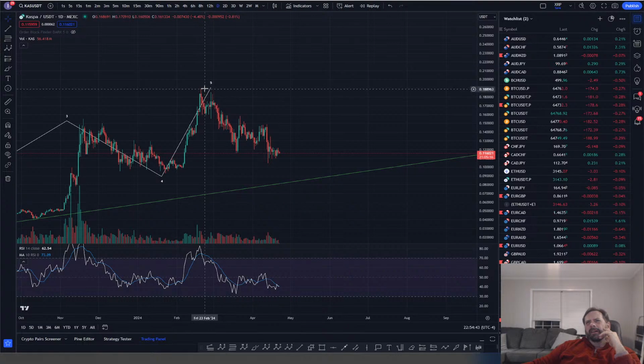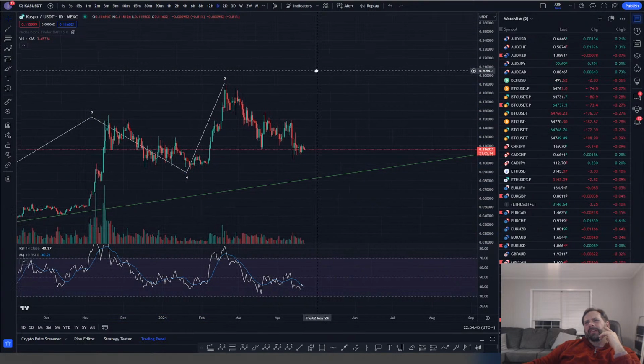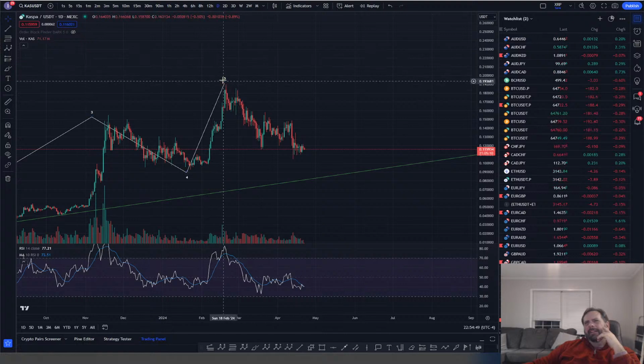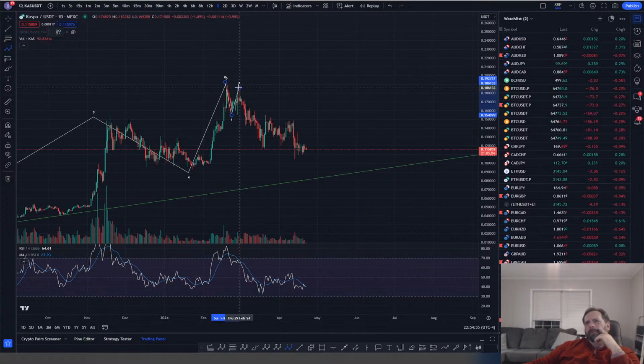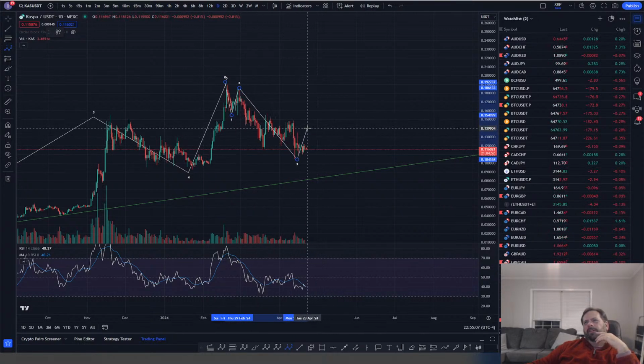So, looking at that wave, you're like, how do you count that? Like on the daily, we're 1, 2. Is this 3 right here? Is that a triangle? Oh, sorry.